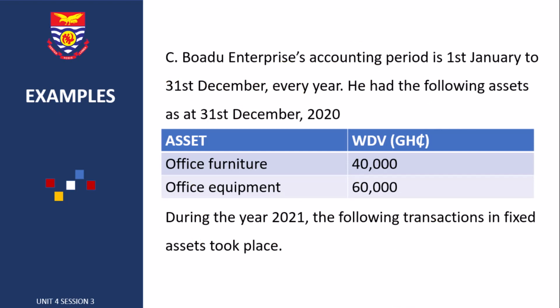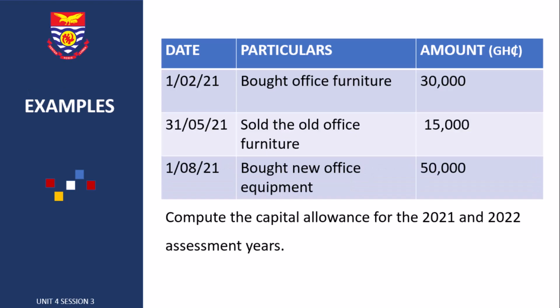Let us look at another example. T. Boedu's enterprise accounting period is 1st January to 31st December every year. He had the following assets as at 31st December 2020. Office furniture 40,000, office equipment 60,000. During the year 2021, the following transactions in fixed assets took place.